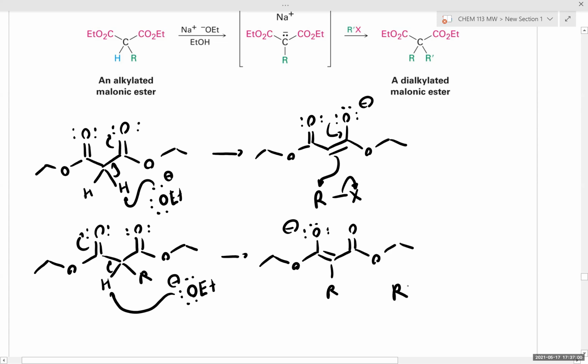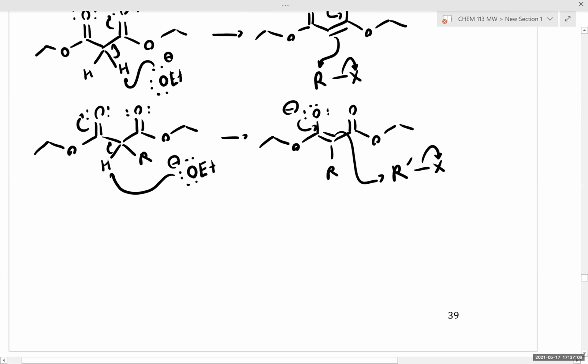From here, if we treat this enolate with a second, potentially different alkyl halide, we can generate our second alkylated malonic ester. As you notice, one benefit of the malonic ester synthesis is that we can get highly substituted malonic esters and carboxylic acid derivatives with this method.